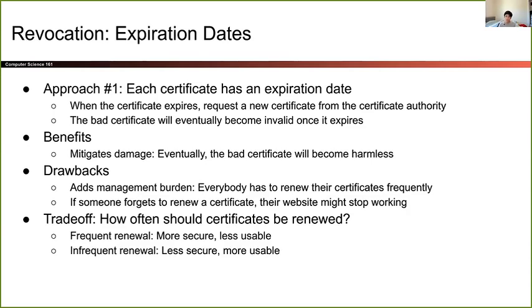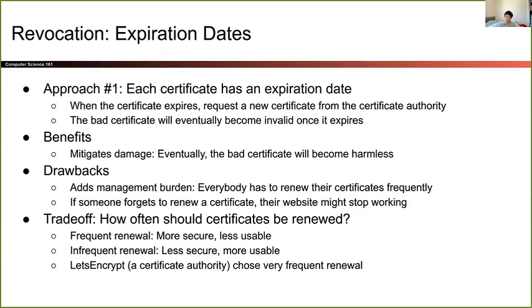If we decide to go with infrequent renewal, let's say you don't need to renew except once every 20 years. Well, now this is less secure because now Mallory's malicious certificate lasts for 20 years, but people are less annoyed. So there's no good solution.